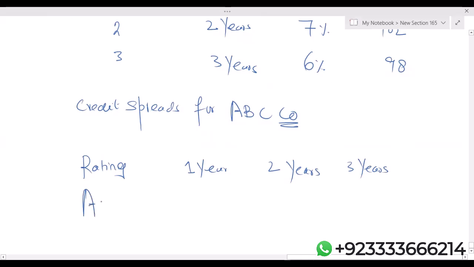If the rating is AA, the examiner will tell us the rating, then the spread is 18, 31, and 45 basis points.